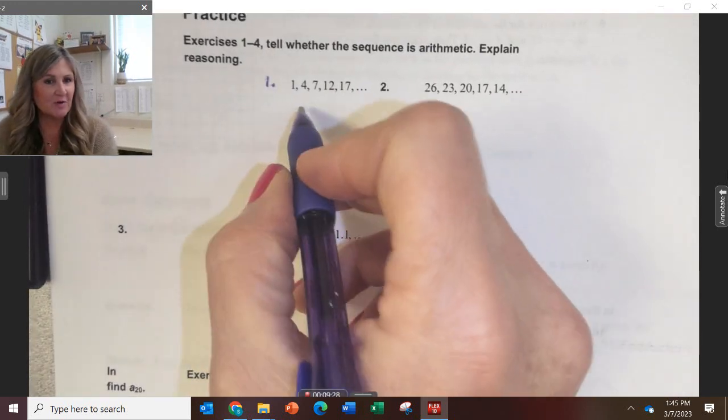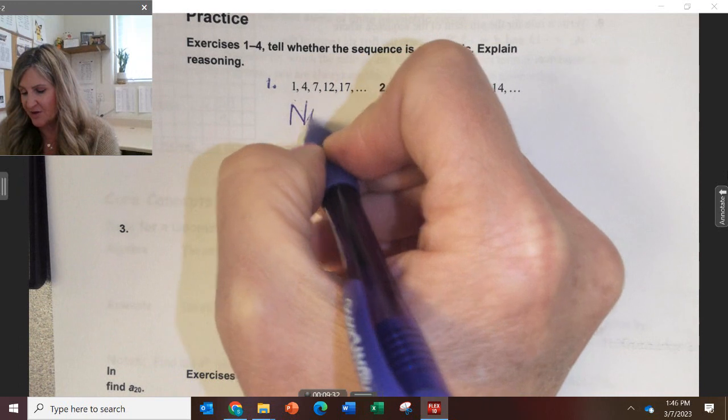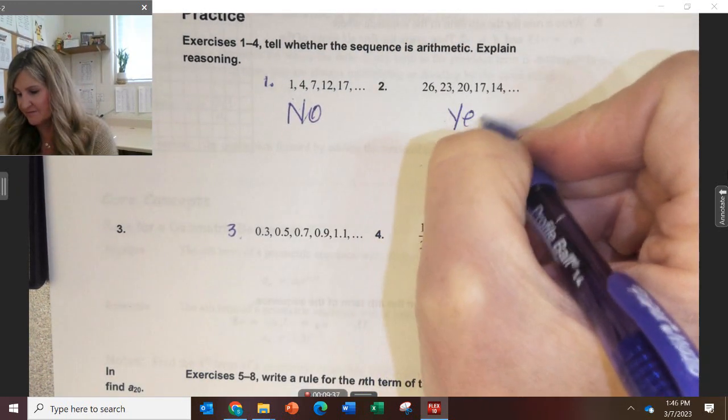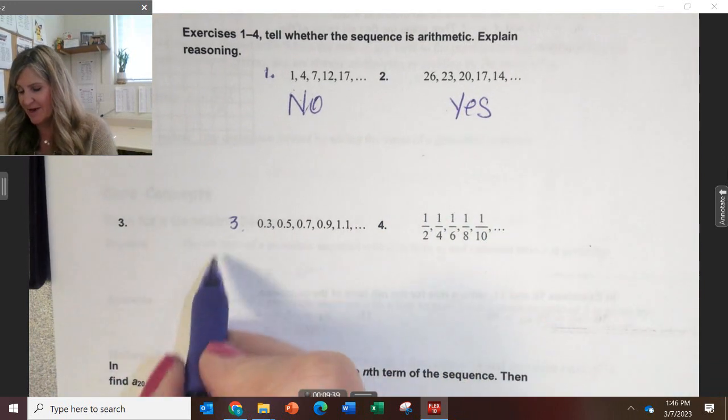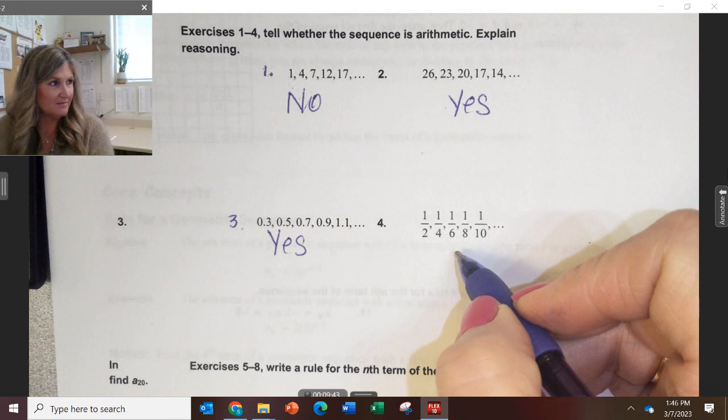So what do you guys say for number 1? No. Because it's 3, 3, then it goes to 5, so no. What about number 2? Yes. What about number 3? Yes. And what about number 4?